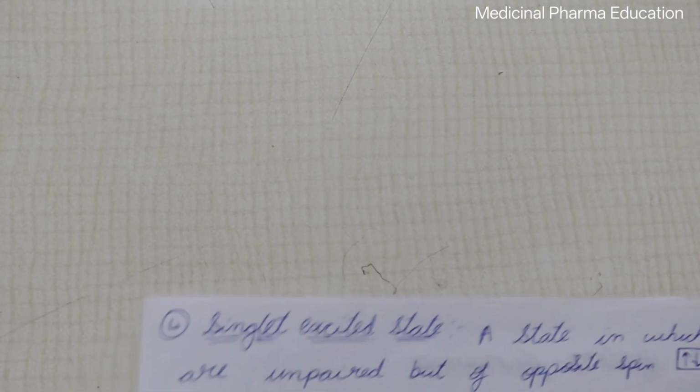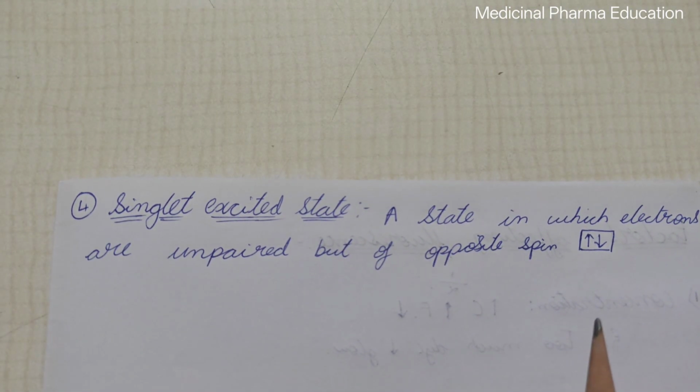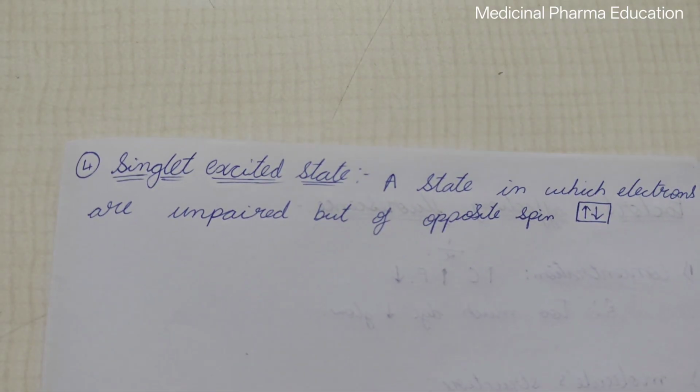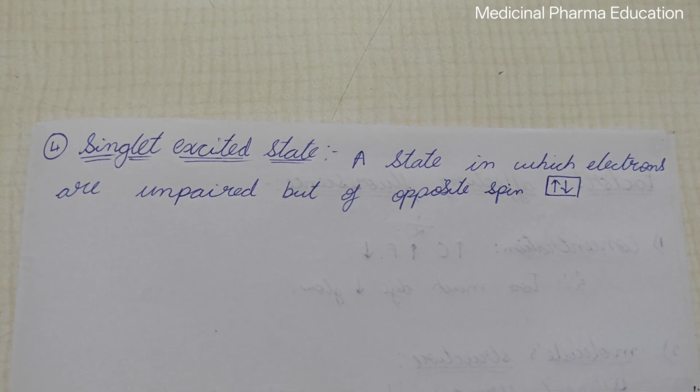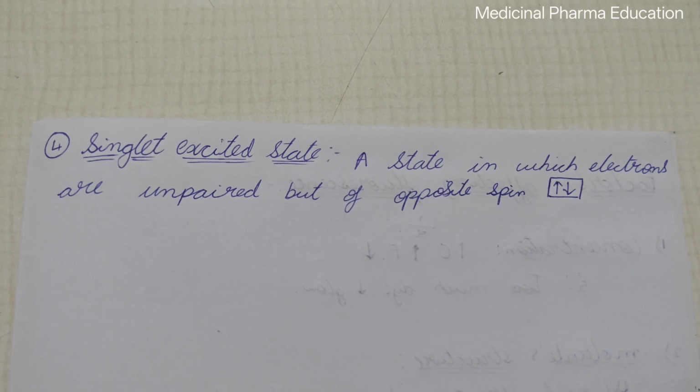Next, singlet excited state, a state in which electrons are unpaired but of opposite spin. These are the different types of states. There are mainly 4 states. Just see these diagrams, you can understand.